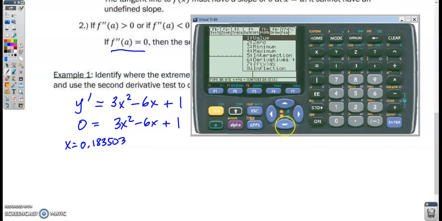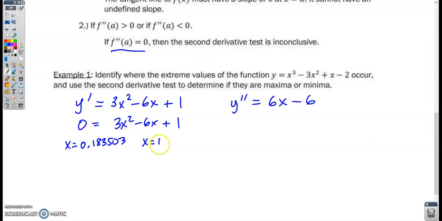And then I'm going to find the other zero, and that occurs at x equals 1.816497. Okay, so those are my possible locations for maxima and minima, because those are the places where the first derivative is equal to 0.